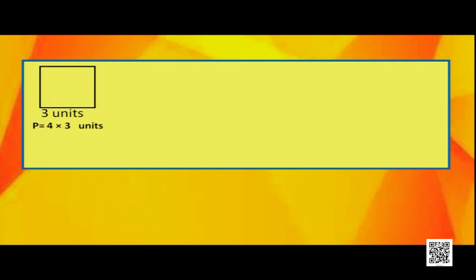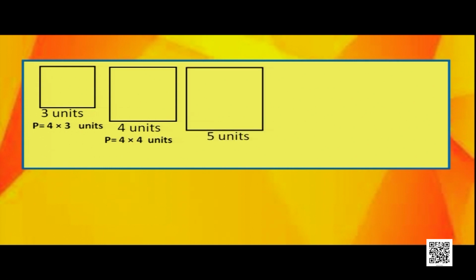Its perimeter is 4 into 3 units. Now if we increase the length of the side to 4 units, then its perimeter will become 4 into 4 units. If the length of the side is 5 units, then its perimeter will be 4 into 5 units.